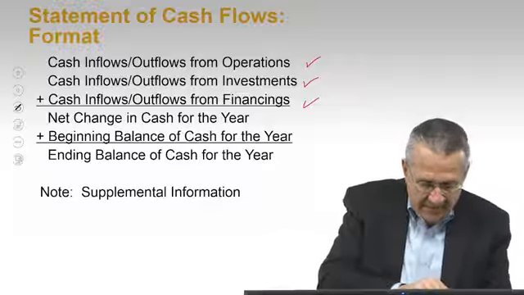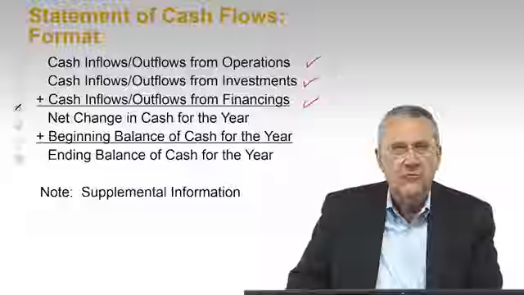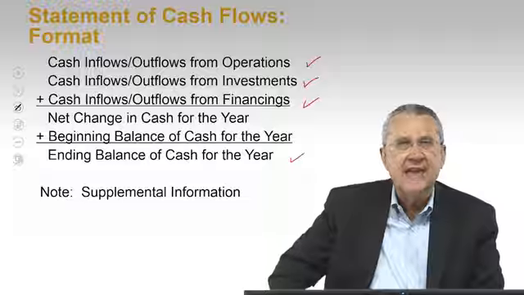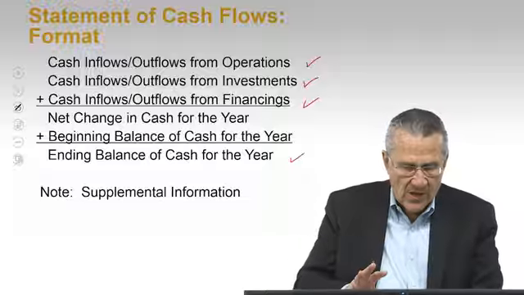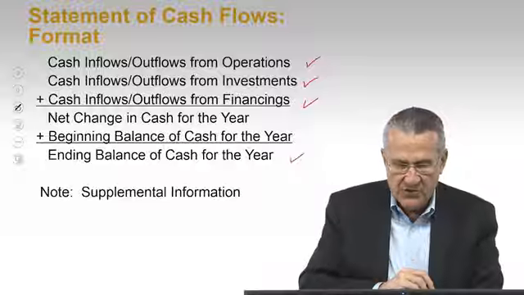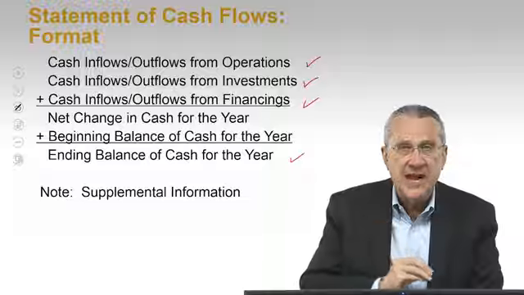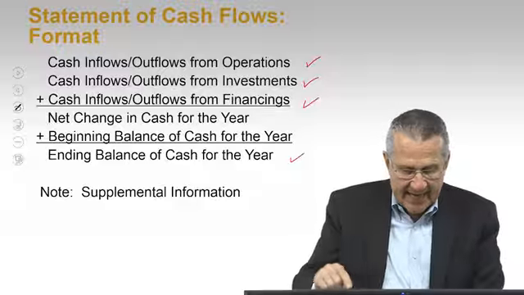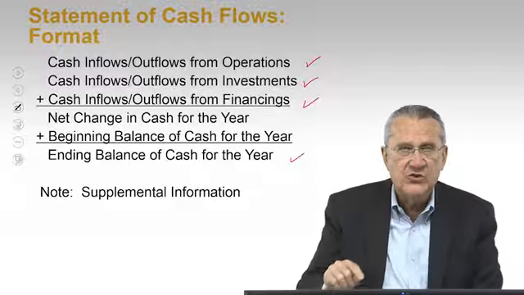And if I add the beginning balance of cash for the year, I should be able to generate the ending balance of cash for the year. So from a functional standpoint, what this financial statement does is it breaks cash flows down into their three primary sources, and then it calculates a change for this year.